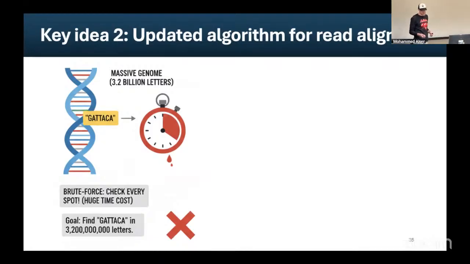So this is the incorrect approach. If we want to align a read, we just simply check every spot. Consider that this is the read, and we have like 3 billion letters. So this will take like 3 billion comparisons. This is not efficient at all.